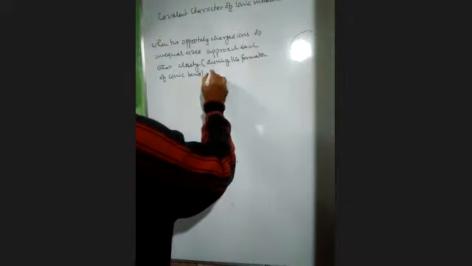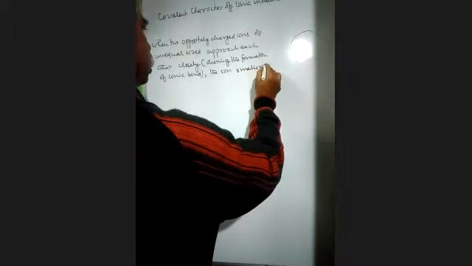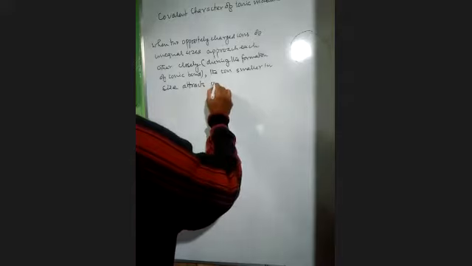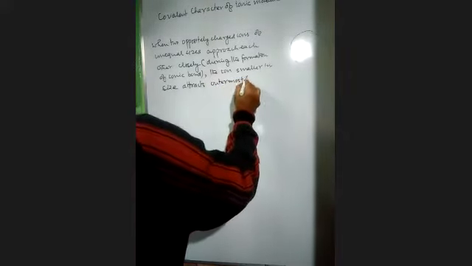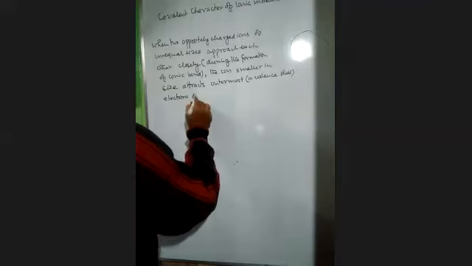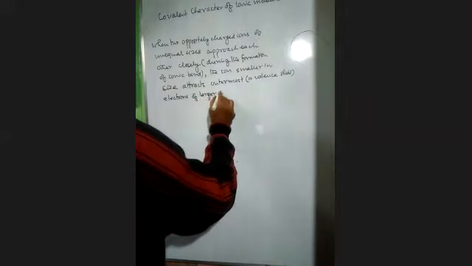Why should they come? The ion smaller in size attracts the outer, or what you can write, valence shell electrons of the larger ion.